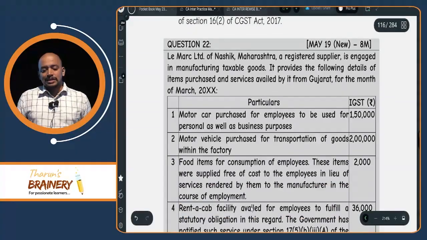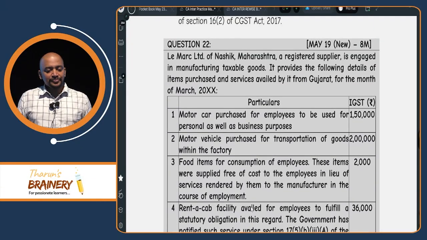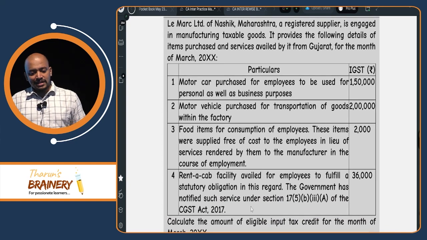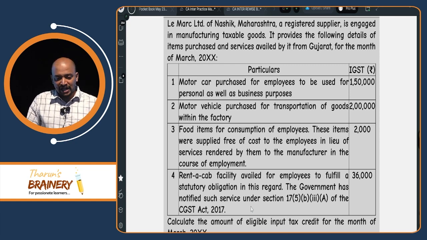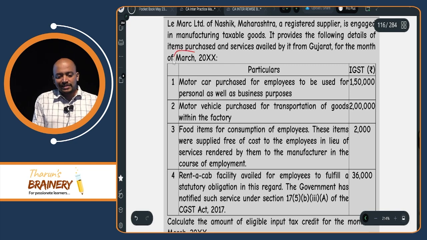Okay. Then next one, Lee Mark Limited of Nasik, Maharashtra, a registered supplier, is engaged in manufacture of taxable goods. It provides the following details of items purchased and service availed by it from Gujarat for the month of March. So this detail is for March. Motor car purchase for employees to be used for personal as well as business purpose.